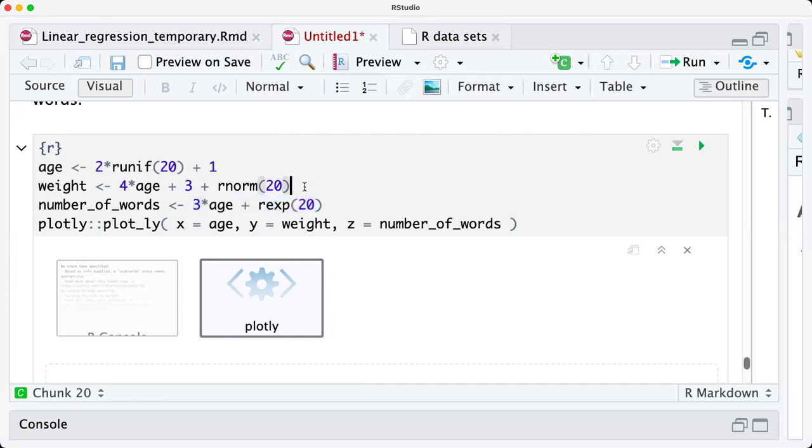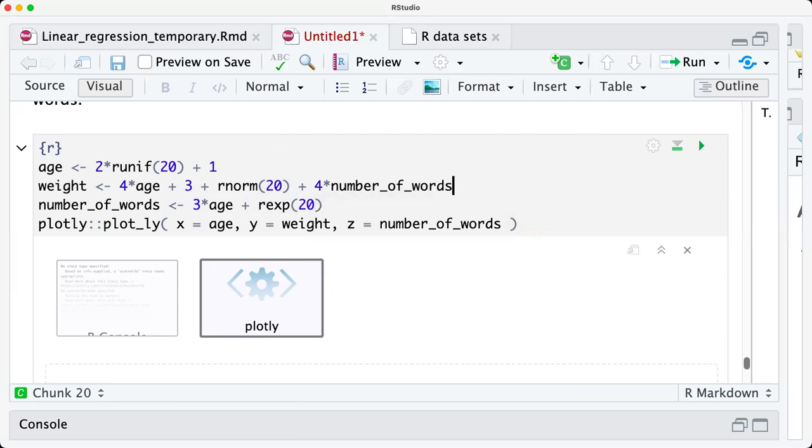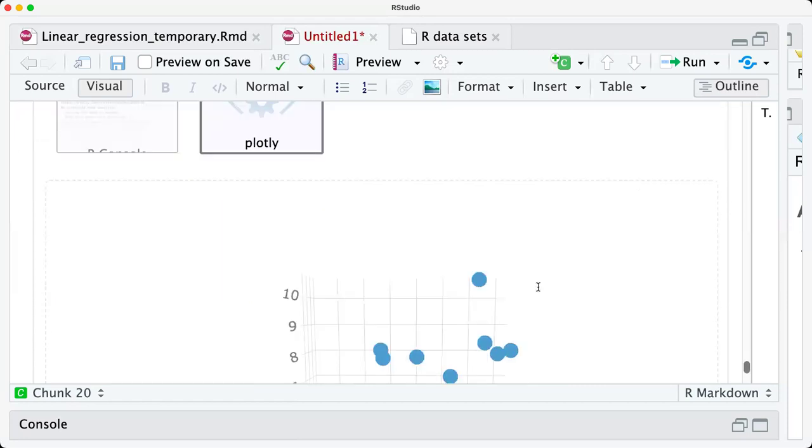If we put here also 4 times number of words, this would mean that we are giving some causal effect, for instance, but no. But still, you see correlations.